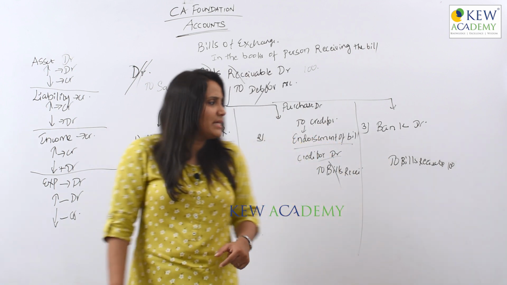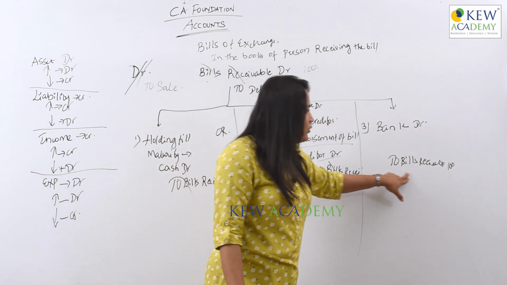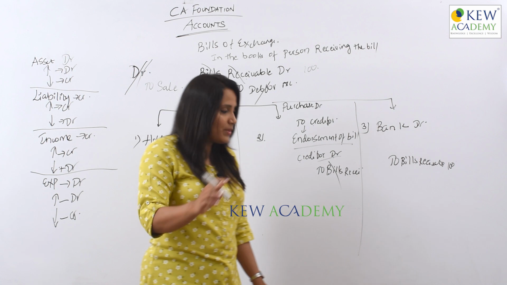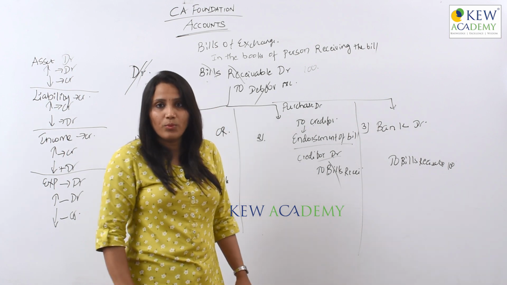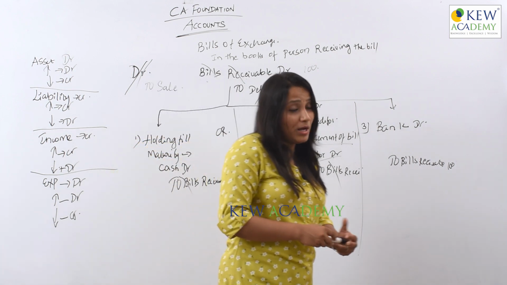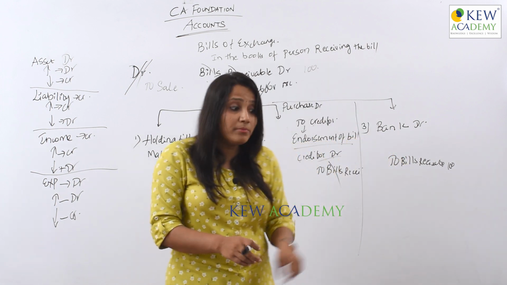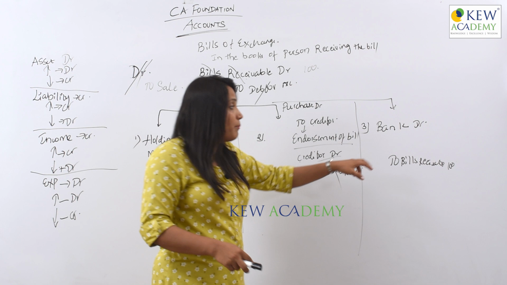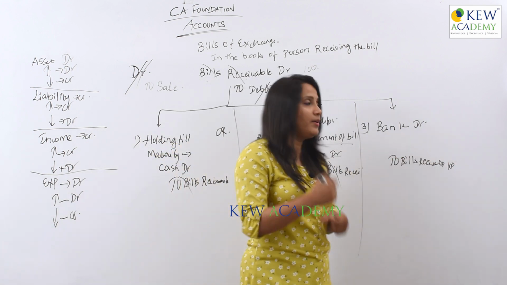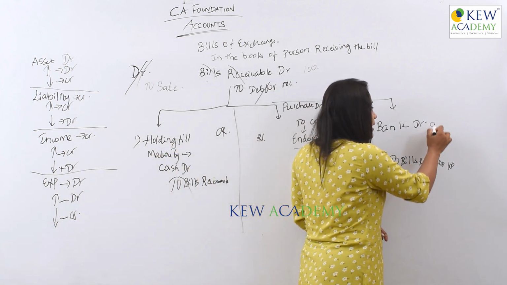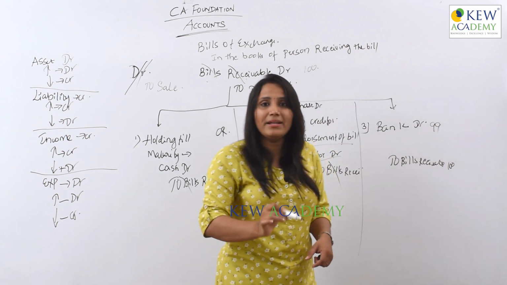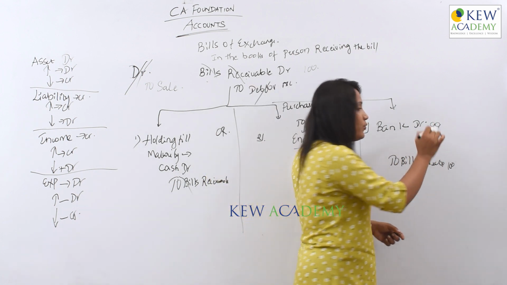But is the bank going to give the total 100 rupees? Answer is no. Bank will tell, I'm giving you immediate finance. Madam, I'm giving you immediate finance. Bank won't give you the entire 100 rupees. Example, bank is going to give only 99 rupees, balance 1 rupee.